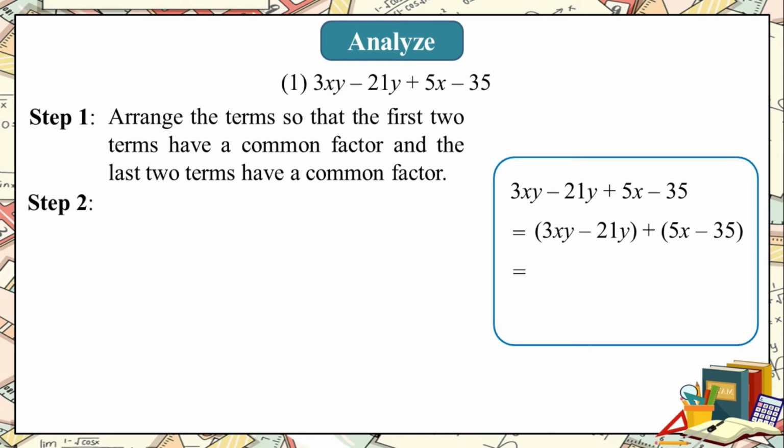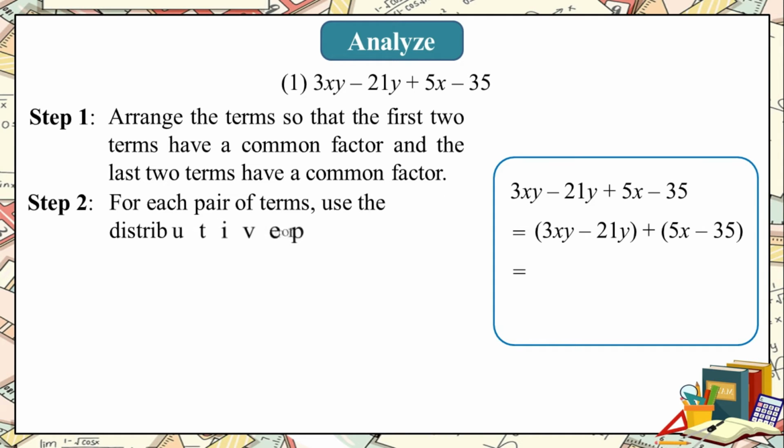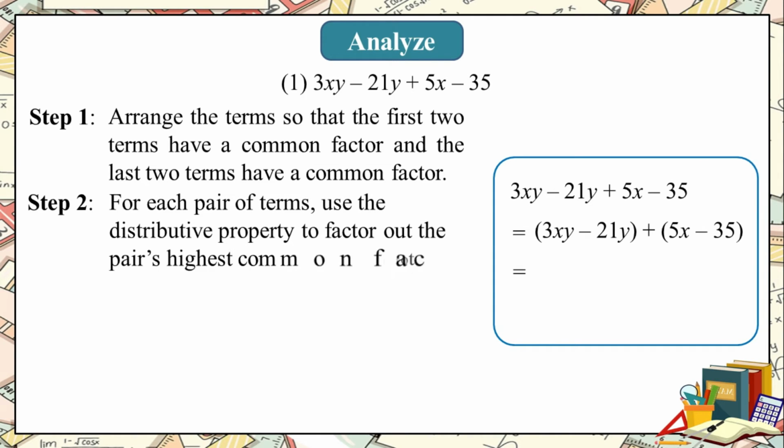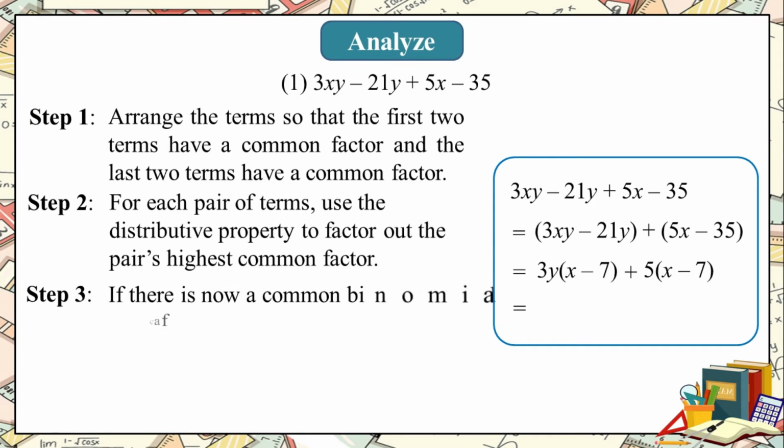Step 2. For each pair of terms, use the distributive property to factor out the pair's highest common factor. Then, if there is now a common binomial factor, factor it out.